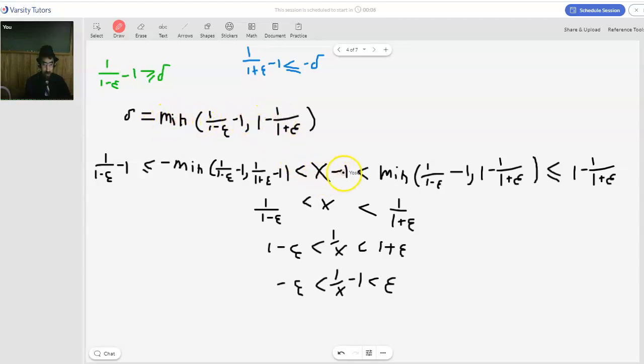And if we say x minus 1 is greater than the minimum of these 2, well, okay, that's going to be less than or equal to this one. I can pick either one. I'll pick the one that's going to make the algebra work out nicely. On the other hand, it's got to be less than the negative of this minimum. Okay, that's going to be less than or equal to this one.